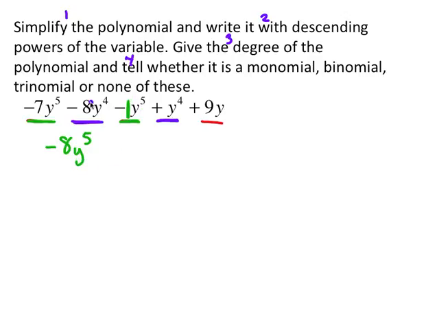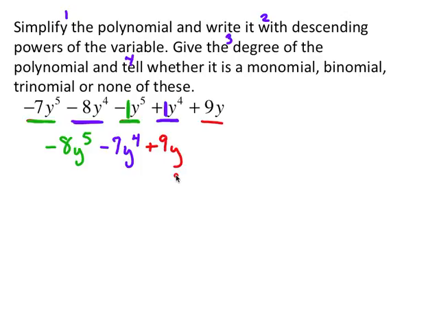Okay, the next one, the blue ones, we have a negative 8y to the 4th, and then plus, remember this is a 1y to the 4th, so negative 8 plus 1 is negative 7y to the 4th. Again, just add the coefficients, don't change their exponents. And then at the end we have the plus 9y.